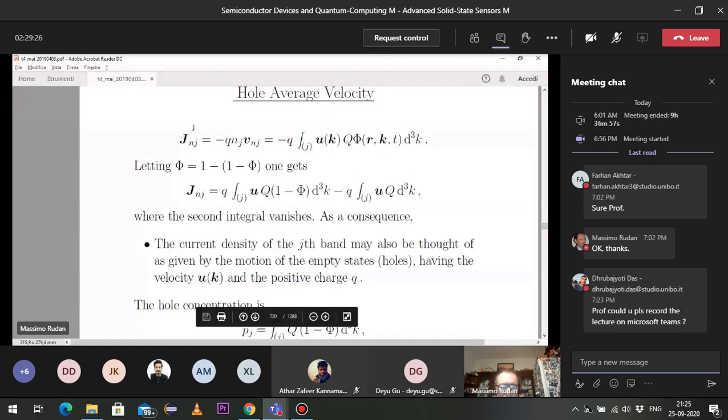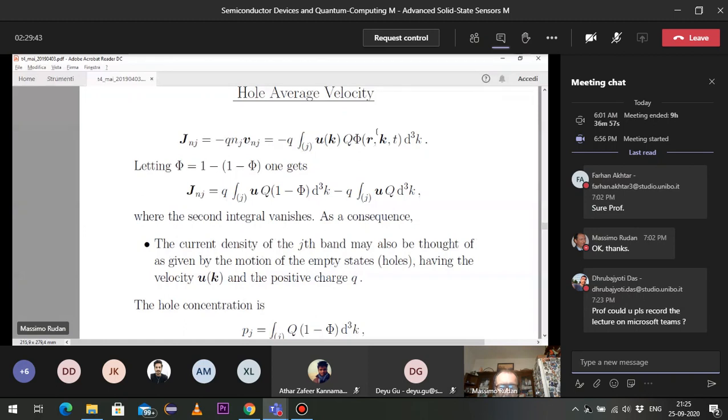So it is J_n_j, n stands for electrons, the small j is the counter of the band, is equal to minus Q n_j v_n_j.